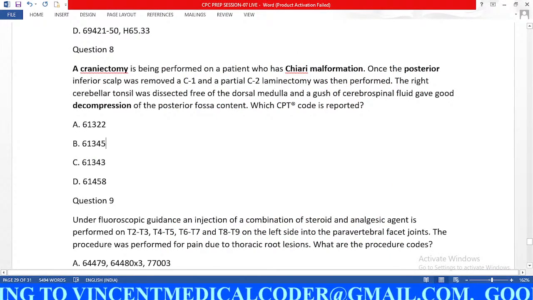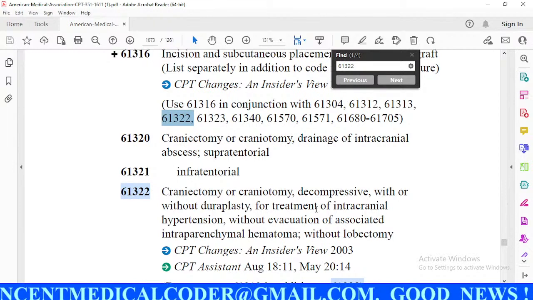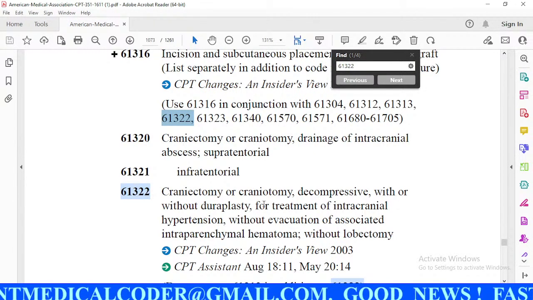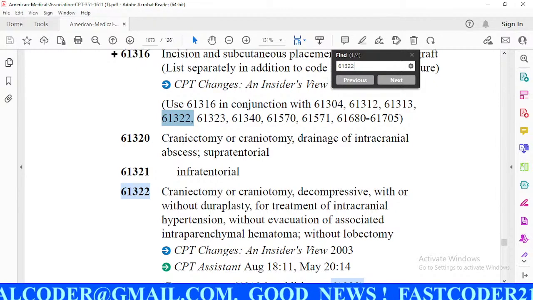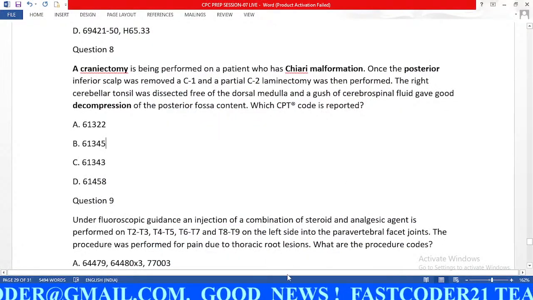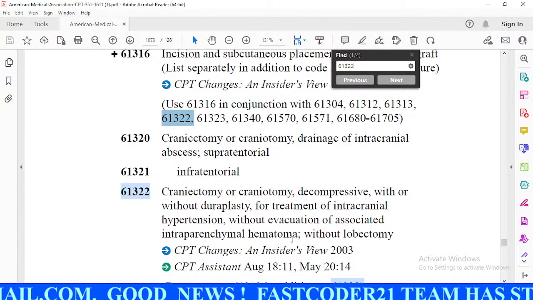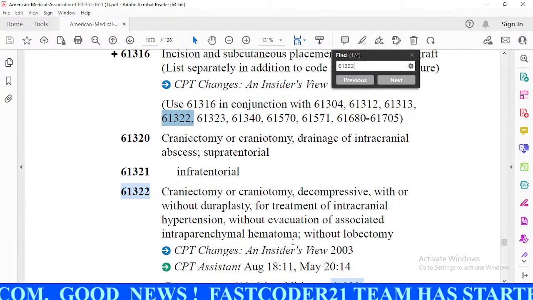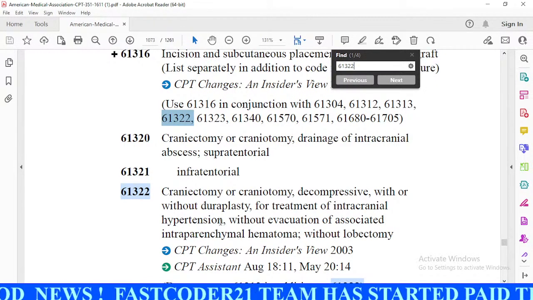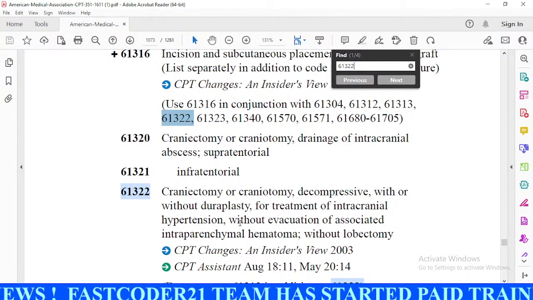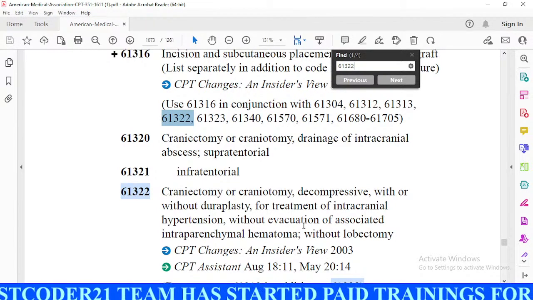Basically 61322 is for treatment of intracranial hypertension, but our patient has Chiari malformation and does not have intracranial hypertension. So we can directly eliminate 61322. Next we will check 61345.